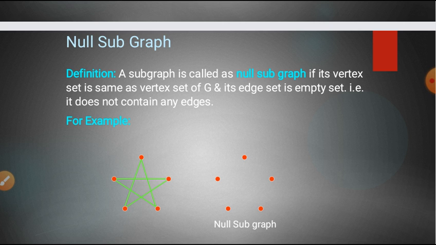With the help of these 5 or 6 edges we can plot the star. In a null subgraph there is not even one edge, which means the set of edges is empty. If there is no edge in a graph but the number of vertices is the same, the graph is called a null subgraph, because we extract all vertices from the given graph.